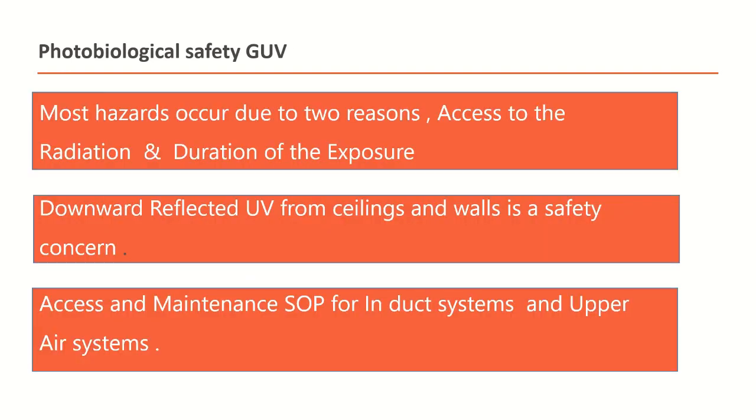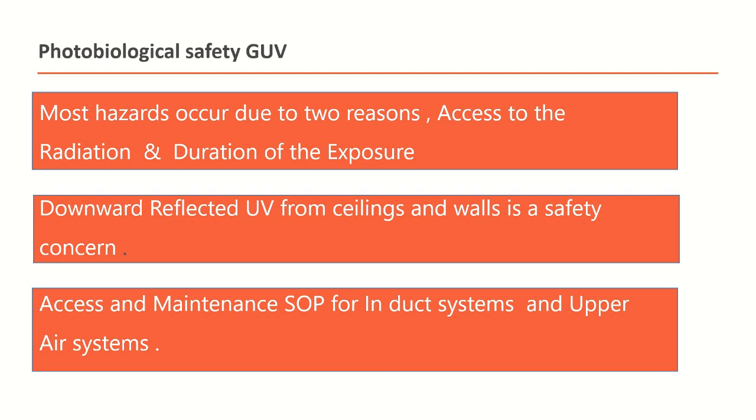Most of the hazards that occur in UV installations are due to access to the radiation and the duration of the exposure time. For example, in air handling units, if an unqualified or untrained person tries to access this when the lamps are on, he can get exposed to the UV radiation.